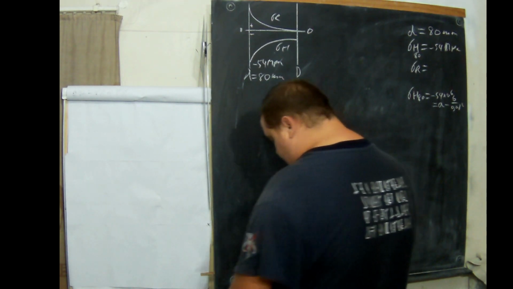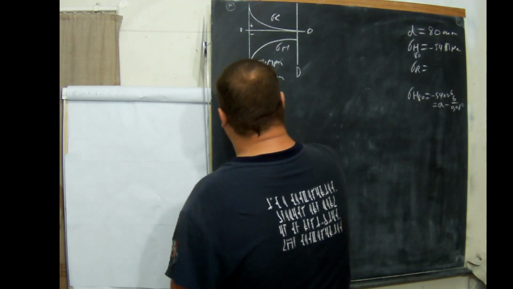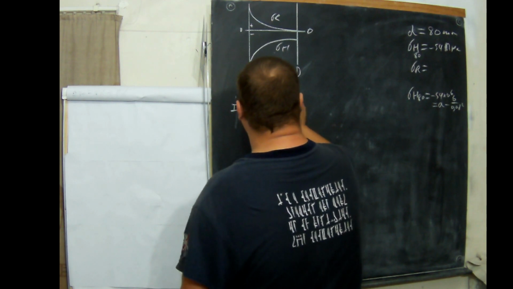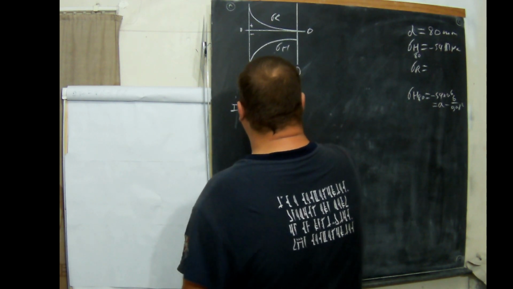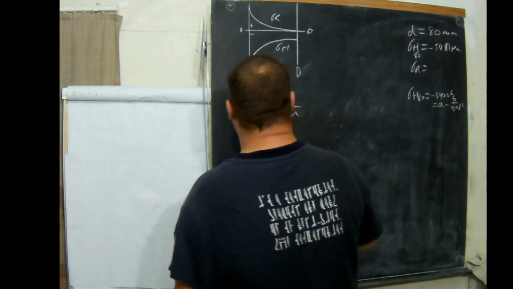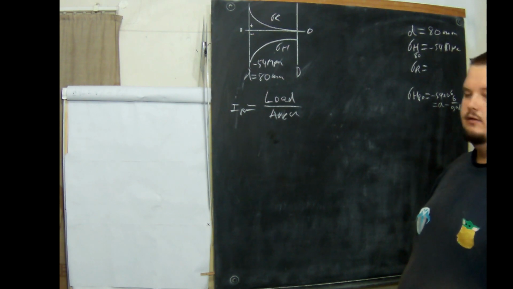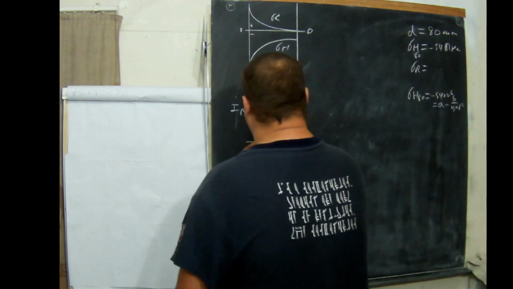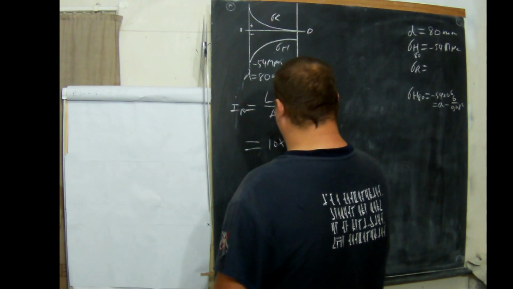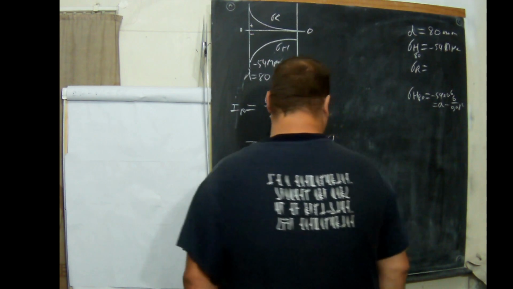So now our internal pressure is equal to load over area. That's what it is. So, what is our load? 10 tons. So 10 times 10 to the 3 multiplied by 9.81.